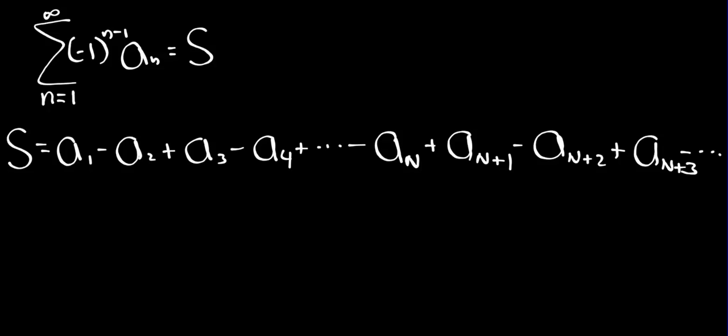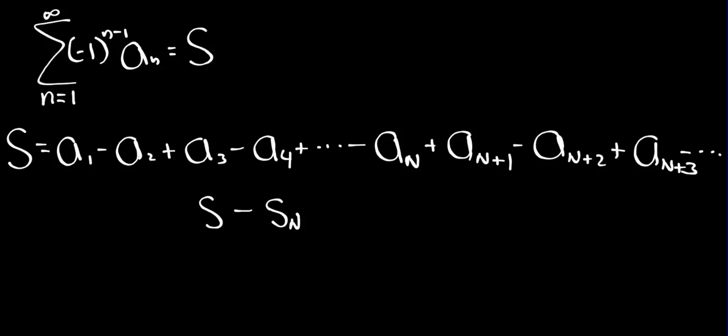So let's suppose that we've got this situation. That's the sum. And what I want to do is consider S sub n, the nth partial sum, and see how that compares to the total sum. In other words, when I take the sum minus the big nth partial sum, what's left over?